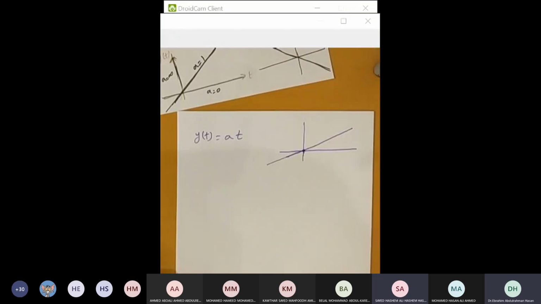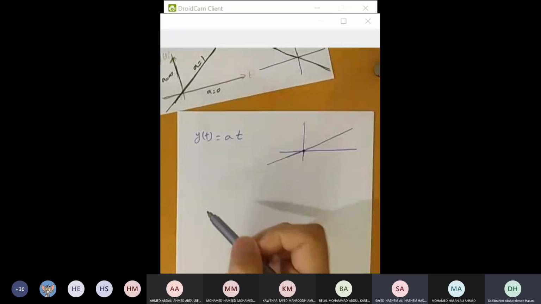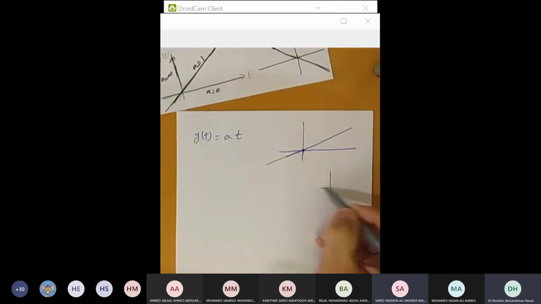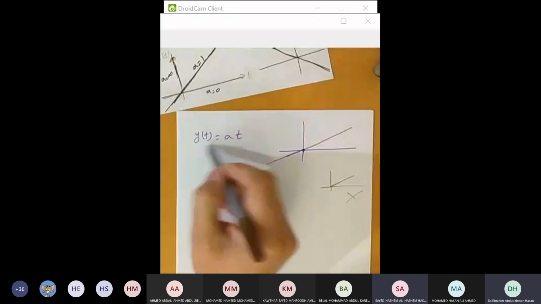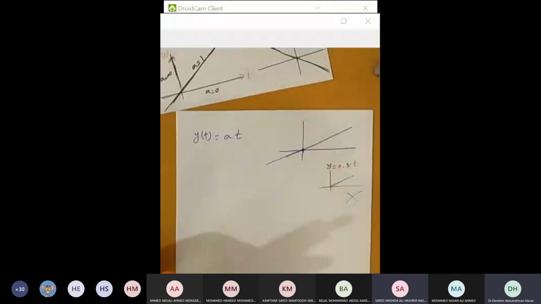Be careful here when you plot it. When I say that y equal to, for example, 0.8t, don't plot it like this. This is not correct. Why?